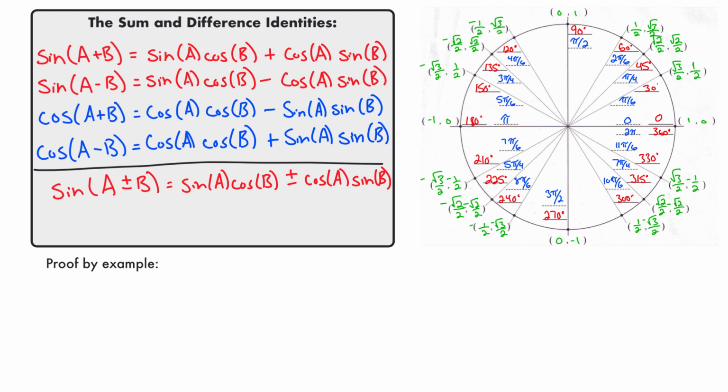And then for cosine, this is the one that looks a little bit weird. If I have cosine of A plus or minus B, that will be equal to the cosine of the angle A times cosine of the angle B. And instead of plus or minus, notice that in the original identities I have above, if you started with the plus sign, cosine of A plus B, the positive got switched to a negative. If you have cosine of A minus B, the negative got switched to a positive.